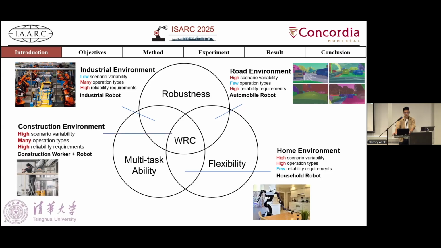In contrast, the construction environment is very challenging. It involves high scenario variability, a wide range of operation types, and much stricter safety requirements. So a robot on a construction site has to be robust, flexible, and capable of handling multiple tasks.